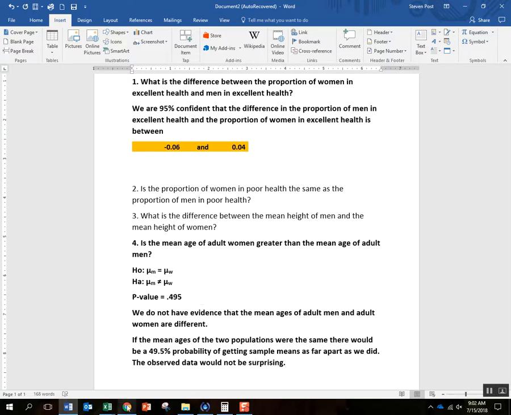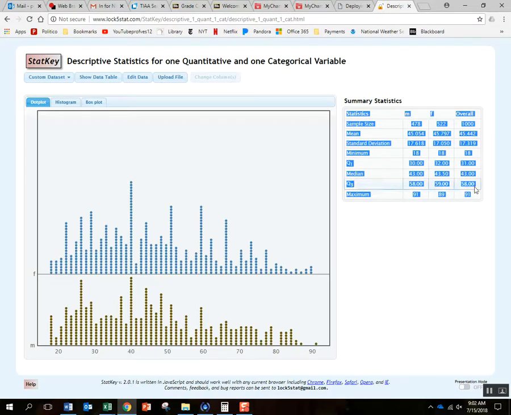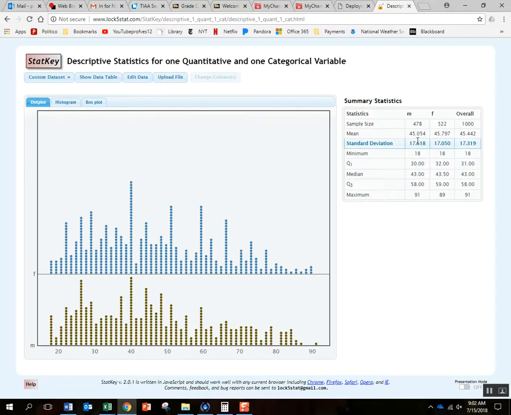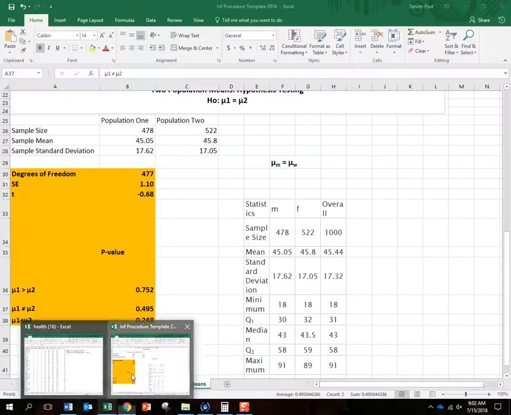So our intuition told us that this difference between 45.05 and 45.8 was not statistically significant, but intuition sometimes is wrong. And in fact, if the sample sizes had been much larger, then those differences would have been statistically significant. In fact, let's experiment with that.